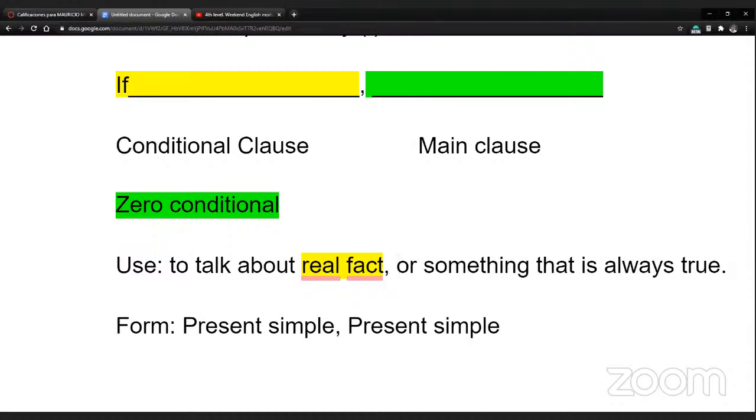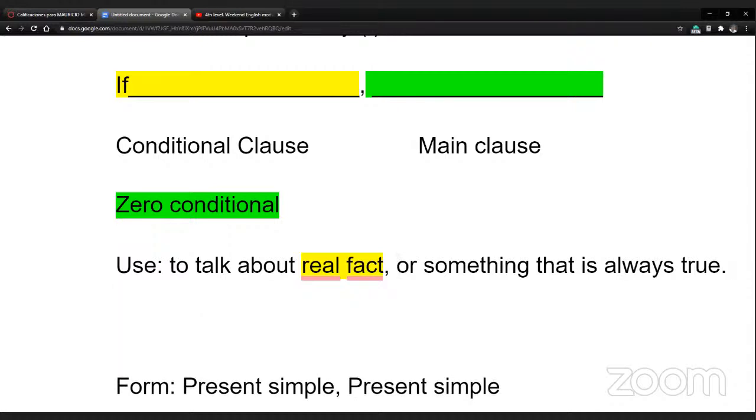Can you give me an example of the zero conditional? Anyone, come on, give me an example of the zero conditional. Don't let me down. Give me an example.